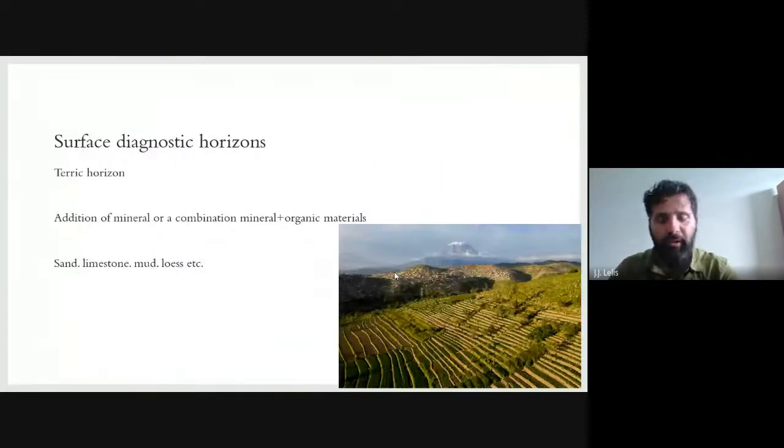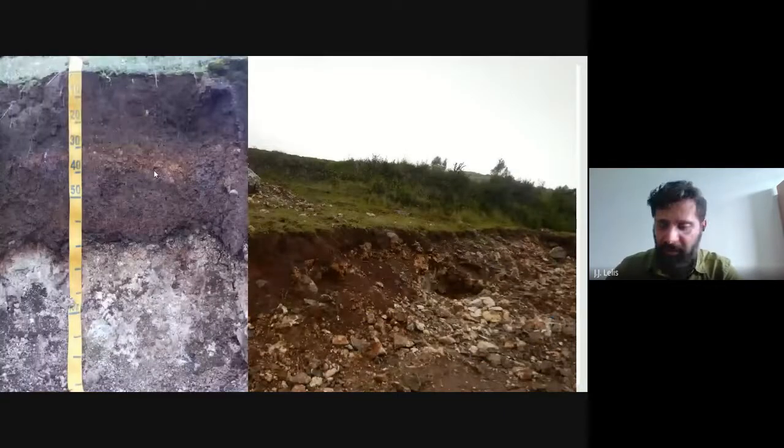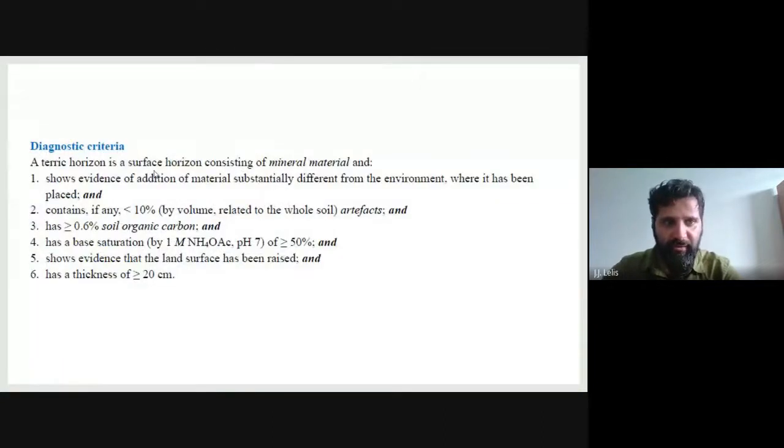So a terric horizon should be a mixture of mineral materials, forming this kind of terraces, okay? In this case, it should present any evidence of addition of material.